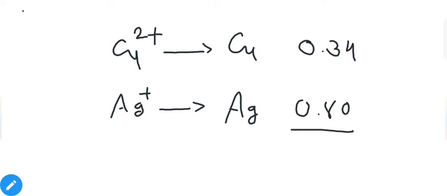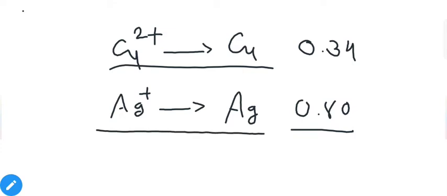As we can see, the reduction potential of silver is higher. It represents that it has more tendency to reduce than copper. Copper has 0.34 and silver has 0.8 as reduction potential value. The higher the value, the more readily the substance will be reduced. So silver has more tendency to reduce, which means it attracts electrons strongly.